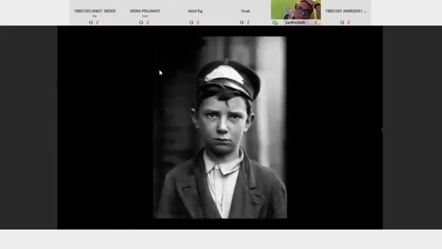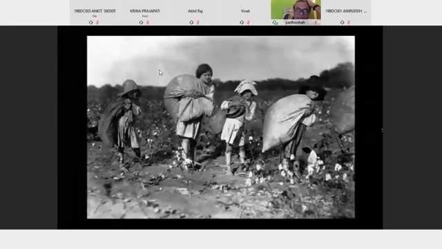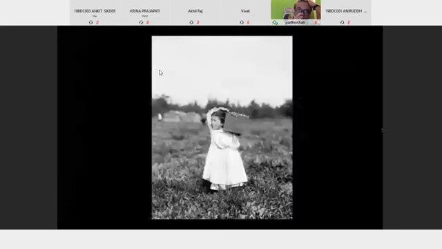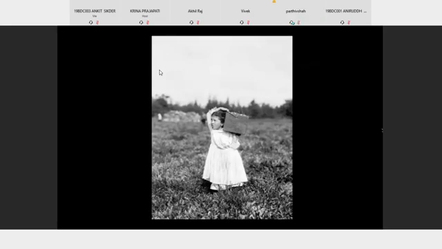This body of work on child labor represented how he thought and how he felt that children must not be exploited. He represents social advocacy, social change in the first half of the 20th century.